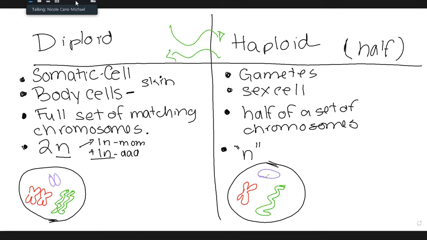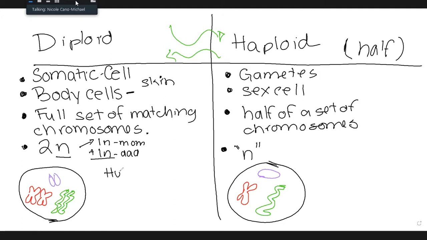Okay, so diploid is a full set of chromosomes. So keep in mind, every single cell in your body, except for your sex cells, is a diploid cell. They are somatic cells. They are body cells. That is a full set, matching chromosomes, half from mom, half from dad.